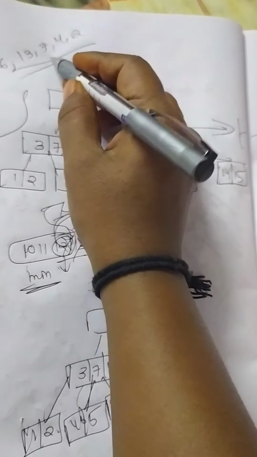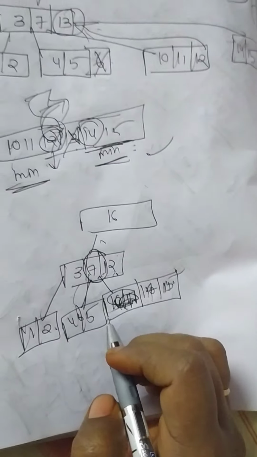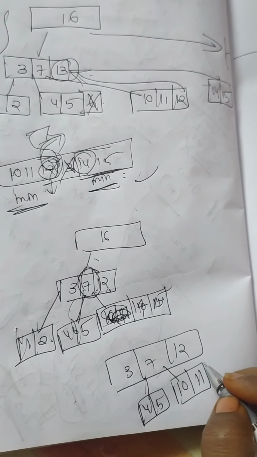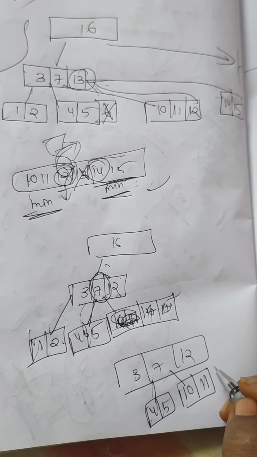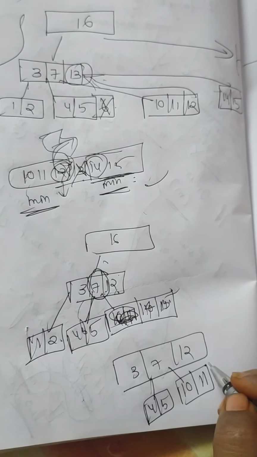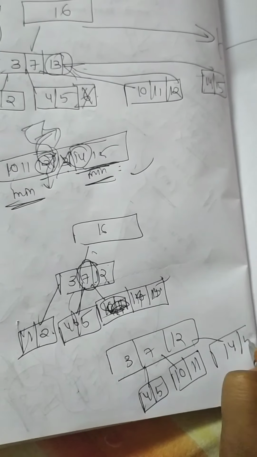And then the key 7 has to be deleted, but this is also an internal node. So again we have to check. Here 3, 7, 12, 4, 5 and 10, 11, 14, 15.